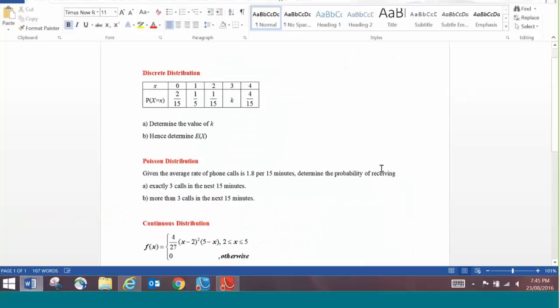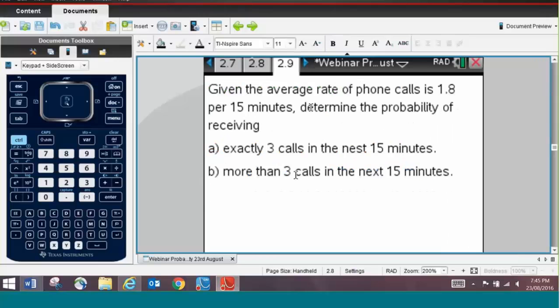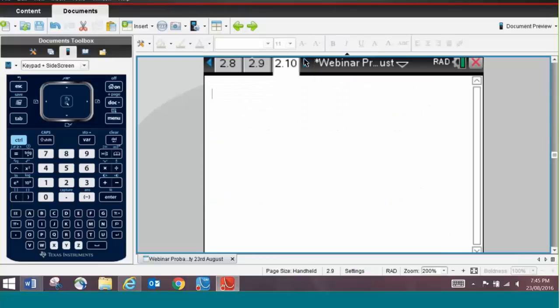So I have just a standard question so that you can see how we use the Poisson PDF and CDF. So given the average rate of phone calls is 1.8 per 15 minutes, determine the probability of receiving exactly 3 calls in the next 15 minutes, or more than 3 calls in the next 15 minutes. So we can do that. I'll just skip across.